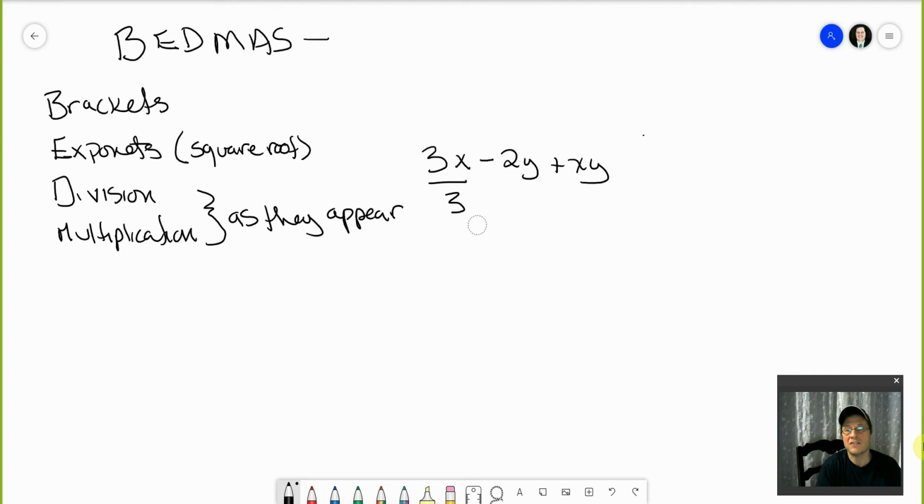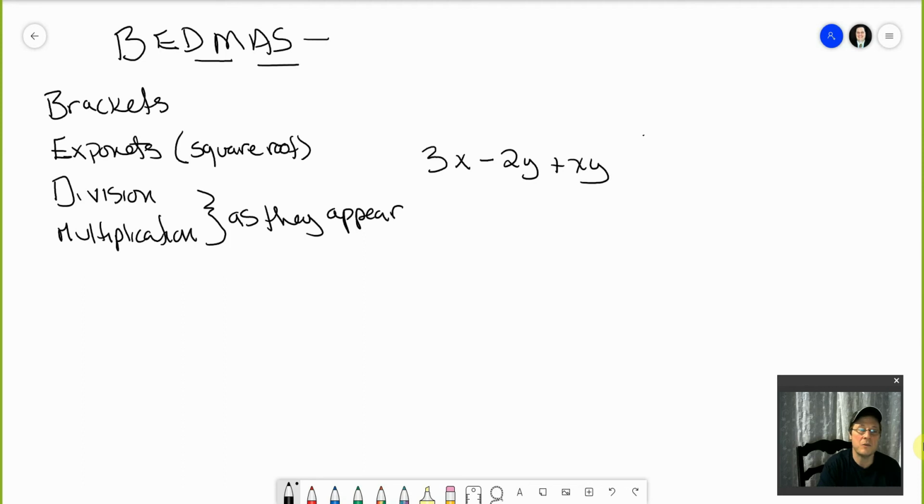You do them as they show up. So if it happens to be 4 divided by 3 times x, you would do your division first because it shows up first. If division showed up at the end, divided by 12, you would do multiplication, multiplication, multiplication, then division. So you do them in the order they appear. That's the division and multiplication.